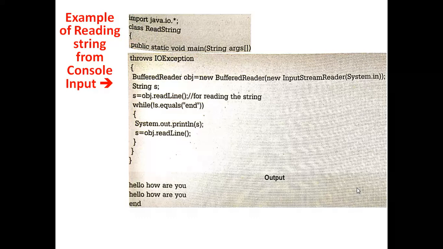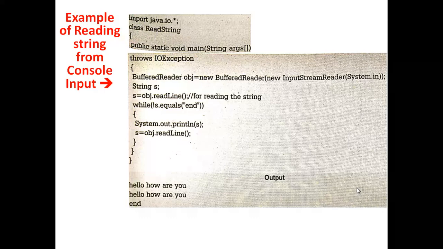Afterwards, I've created the object of BufferedReader: BufferedReader obj is equal to new BufferedReader, new InputStreamReader System.in. Afterwards, I've created one string variable s, and in this s I'm reading line by line from the console, and for that I've called the function readLine, using the object obj.